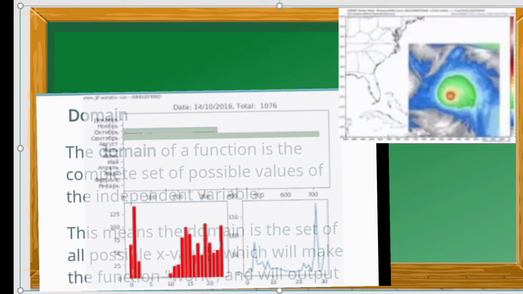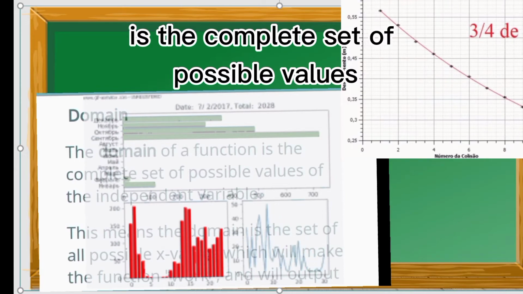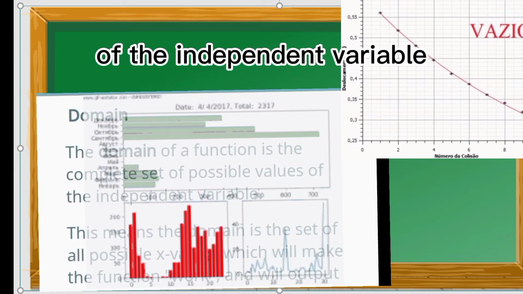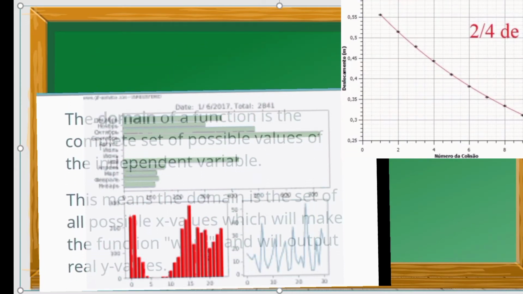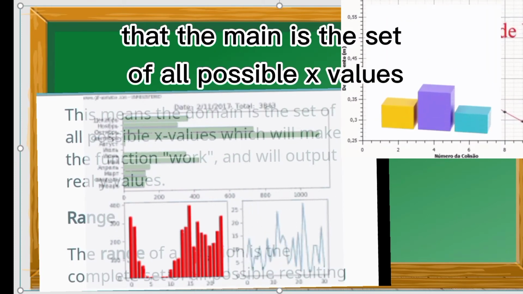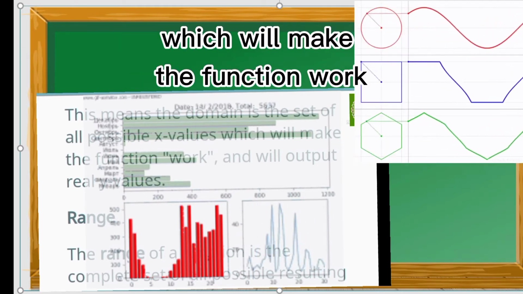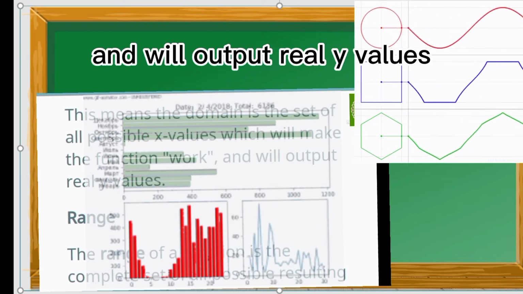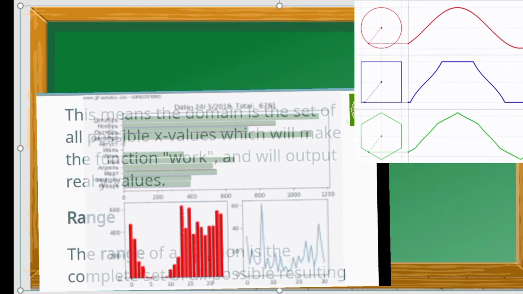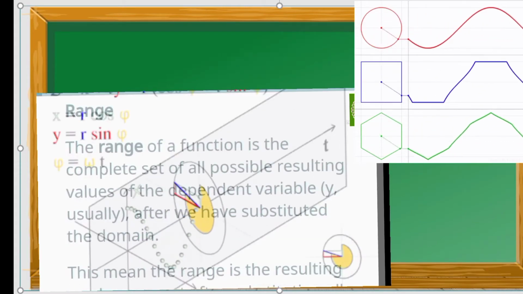Domain. The domain of a function is the complete set of possible values of the independent variable. This means the domain is the set of all possible x values which will make the function work and will output real y values. Range.